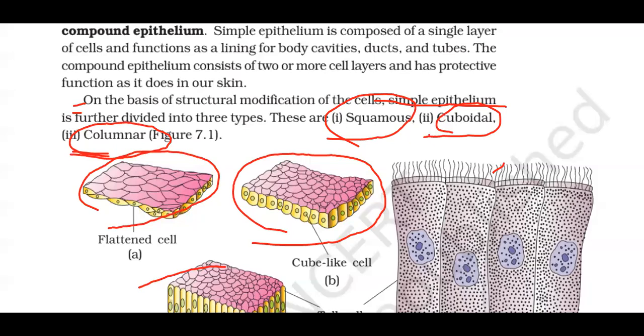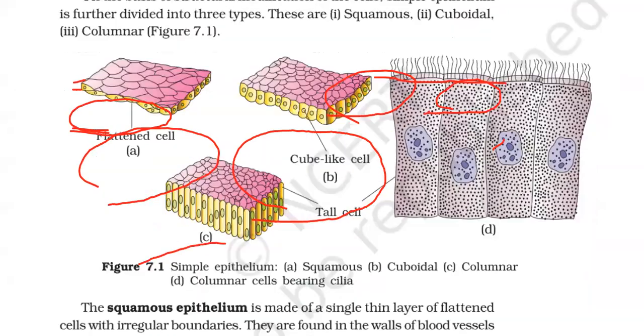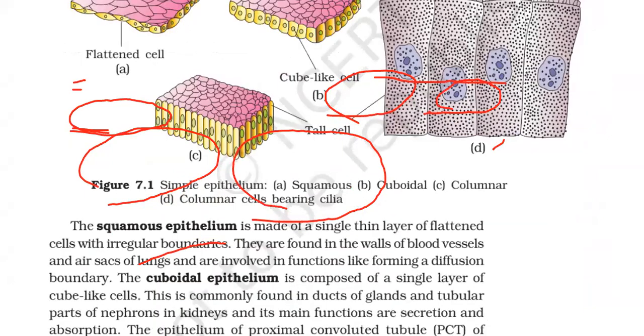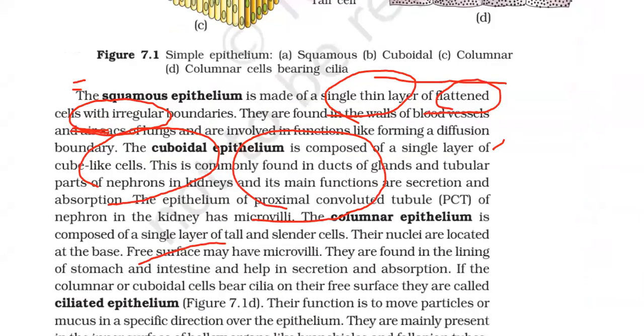Now we start with squamous epithelium. See, as I already said, whenever you study each epithelium, along with its characteristics, questions can be asked about where it is located and where in our body it is lining. So note that point. There are 3 points in total: name the simple tissue, where they are located, and what functions they do. So these are the 3 important points you should note about simple epithelium.